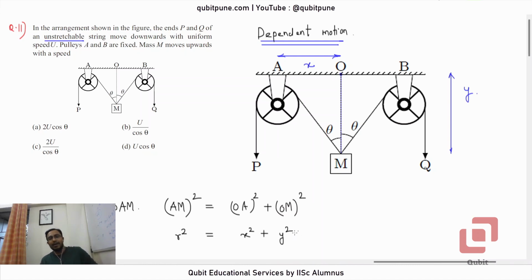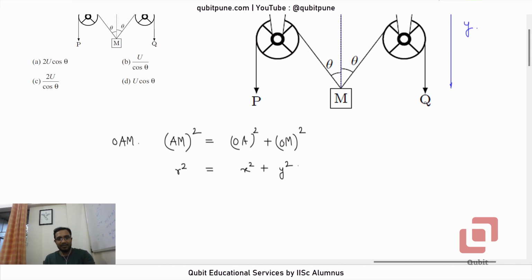Can you tell me, during the upward motion of M, which of these three quantities remain constant? Does R remain constant? Does x remain constant? Does y remain constant? x remains constant. So let us differentiate this. Applying the chain rule, 2R dr by dt is equal to 2x dx by dt plus 2y dy by dt.